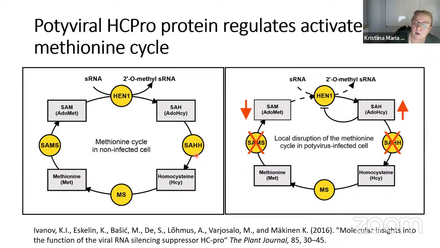So potyvirus infection is affecting the methionine cycle, and we have proposed that due to this interference, HEN1 is depleted of the methyl donor, and siRNA methylation and stabilization is therefore affected.